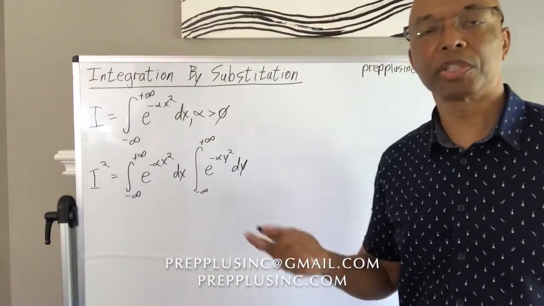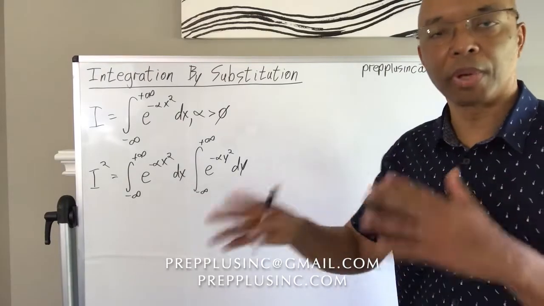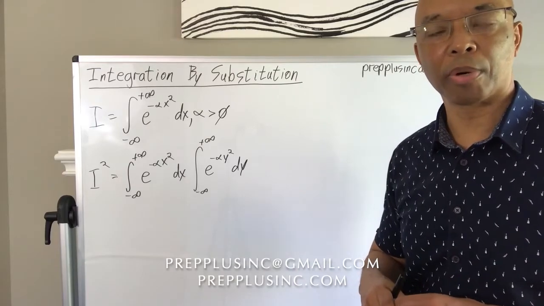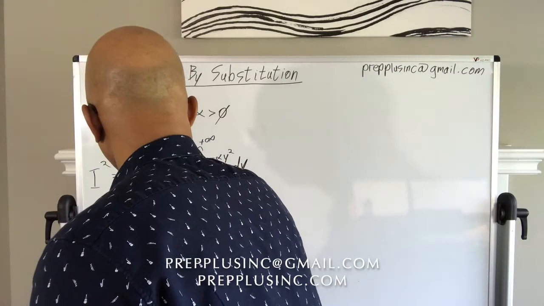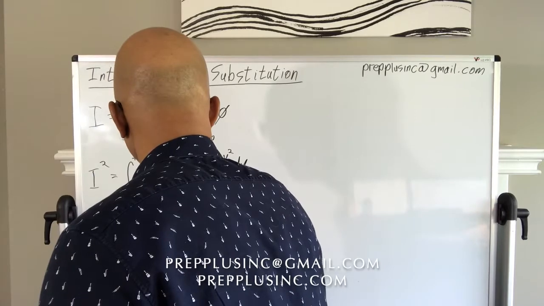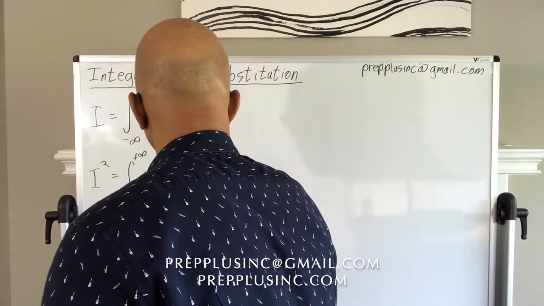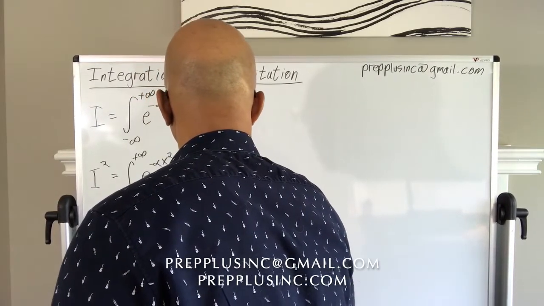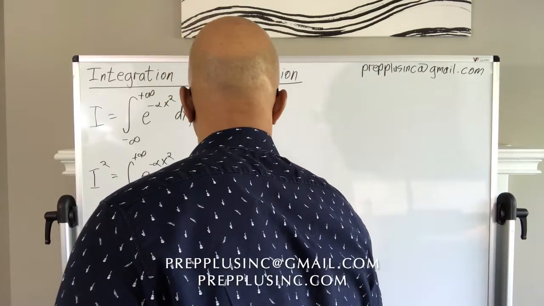So we're going to call this I squared. Okay, so now let's just rearrange this. Remember, when you've got multiple integrals, you can rearrange things if that helps to simplify the problem. So this is the integral from minus infinity to plus infinity, and again, minus infinity to plus infinity, e to the minus alpha quantity x squared plus y squared, dx and dy.